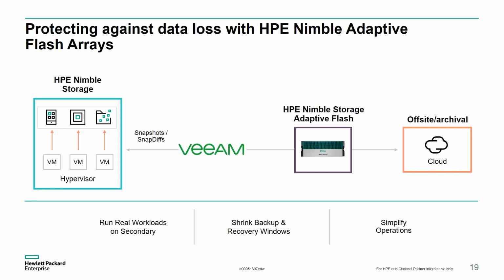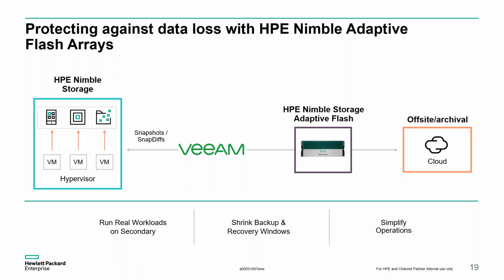Nimble Storage can then coalesce and snapshot the virtual machine data sets and store that locally on the array. Then Veeam can augment and orchestrate that going from one site to another with Nimble replication or Veeam replication, even off to the cloud. And that allows us to run real workloads on secondary storage, something that we typically don't do. It allows us to shrink backup and recovery windows, but also simplify operations.